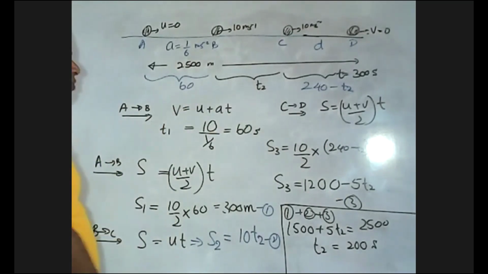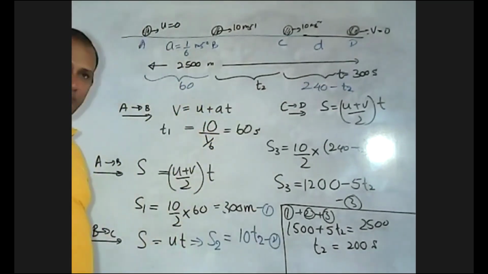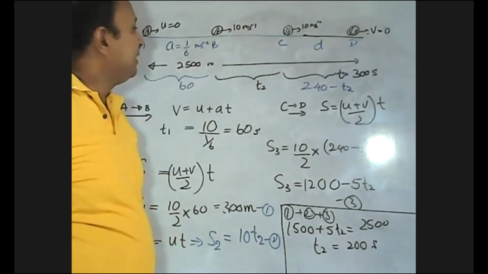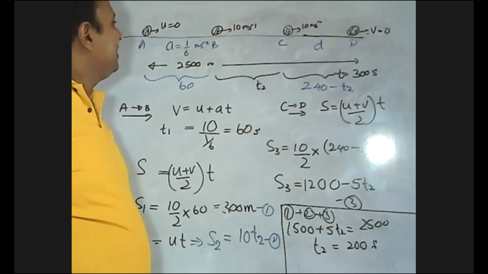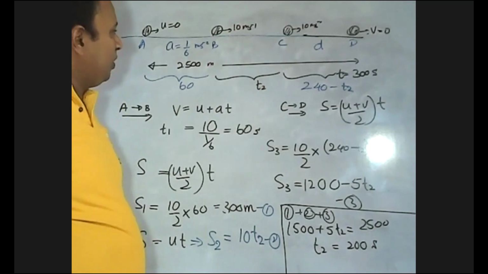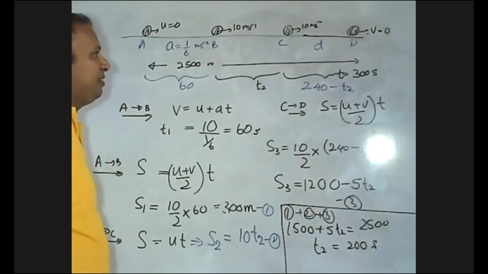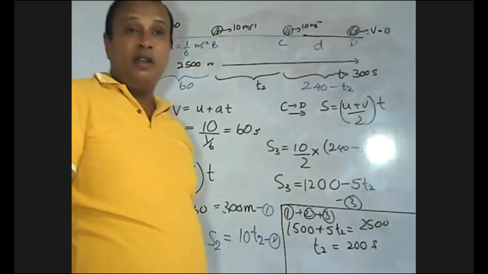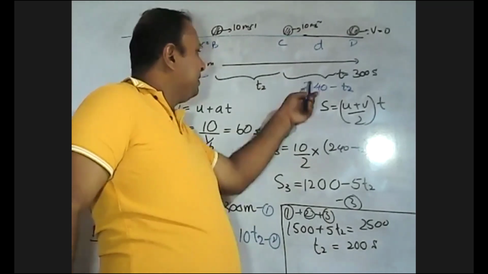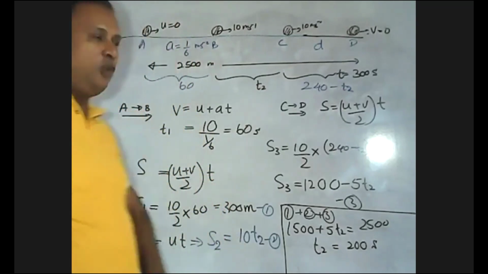Now you know this one is 200 seconds, so this one is 40 seconds. If it is 200 seconds, 200 into 10, that is 2 kilometers. Then you can find the deceleration by using V equal U plus AT, because this part is 40 seconds.